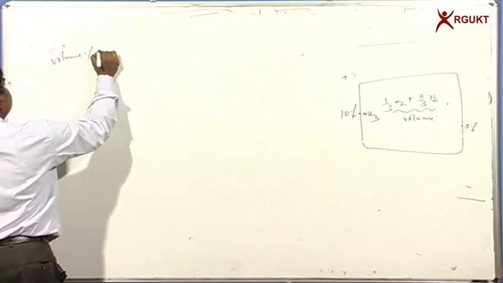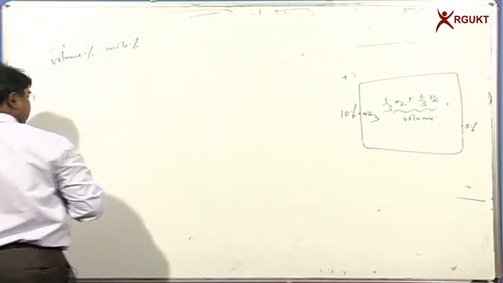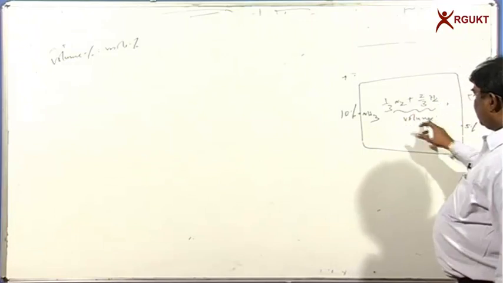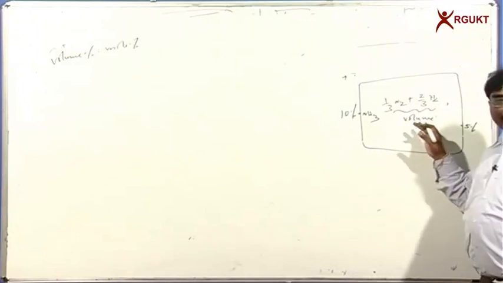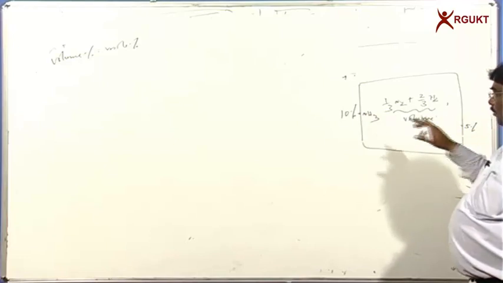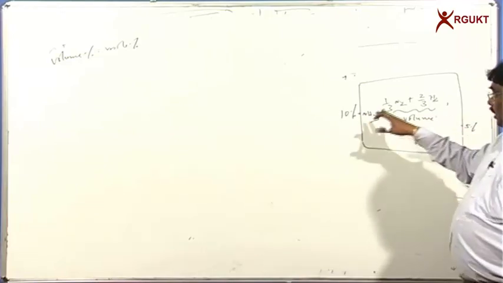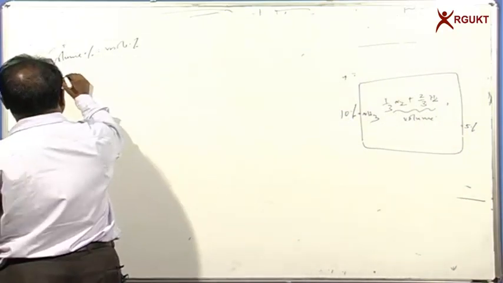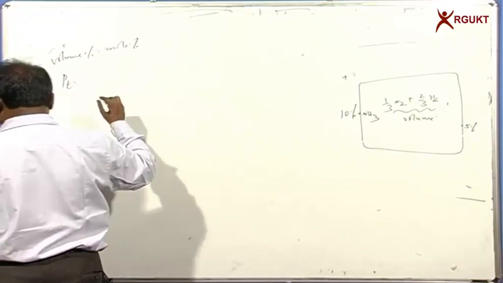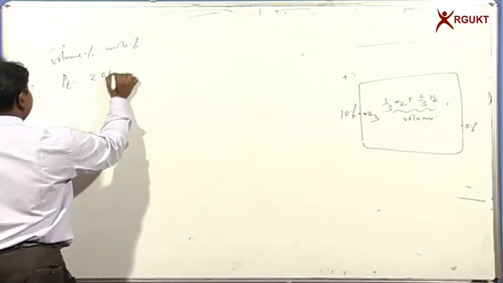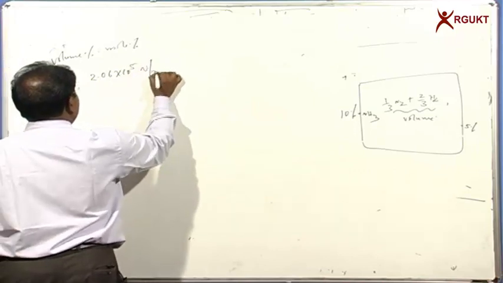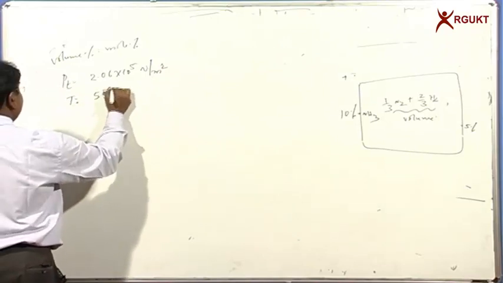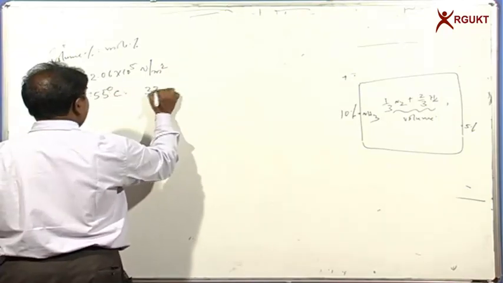So that means the nitrogen and hydrogen are given in terms of volume percentage, and straight away one can take it as mole percentage. And the ammonia concentration is also given in terms of volume percentage. It can be taken as mole percentage. And the total pressure PT is given as 2.06 into 10 power 5 Newton per meter square, and the temperature T is given as 55 degrees centigrade, that is equal to 328 degrees Kelvin.